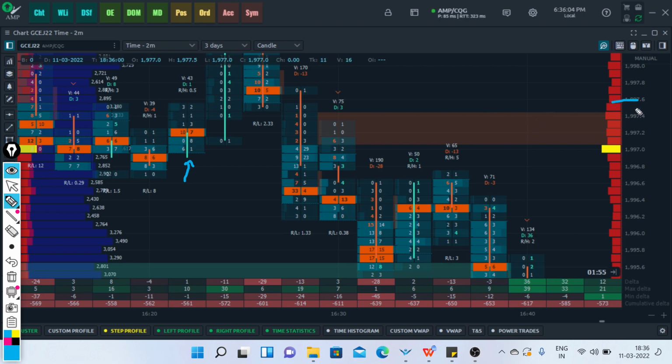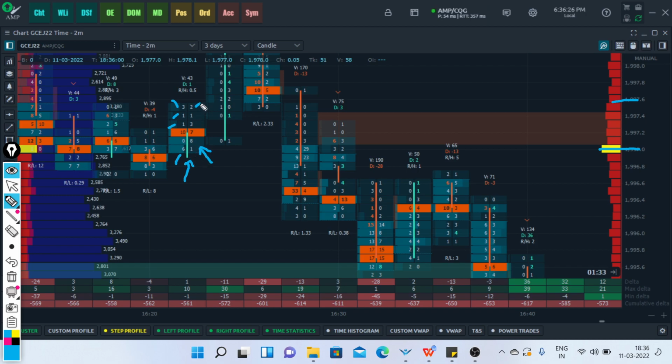If you look at this price range, these are the bid contracts. Bid contracts mean they are the sellers. Simply you can say that the numbers on the left side are sellers and the numbers on the right side are buyers, or the ask price or the ask contracts.